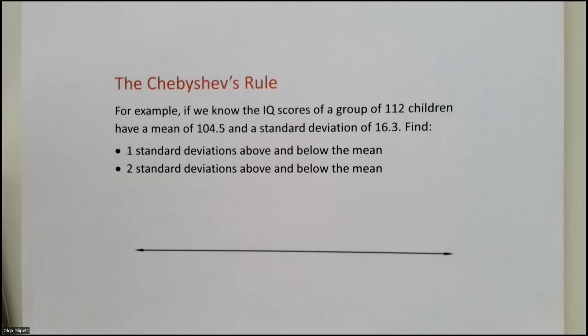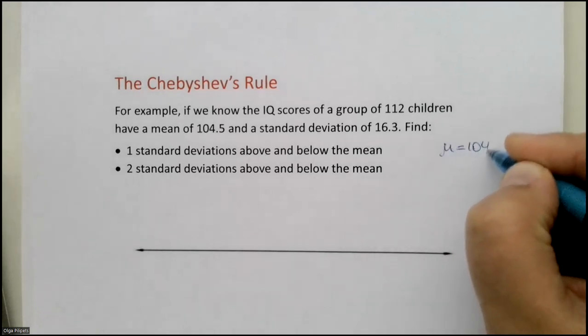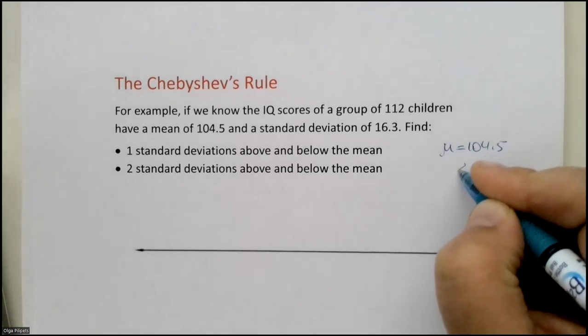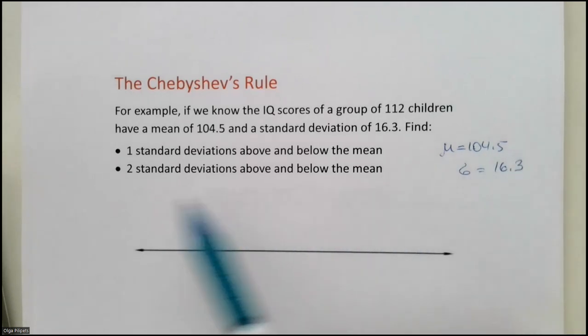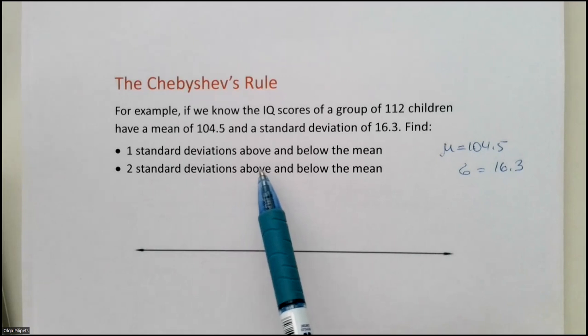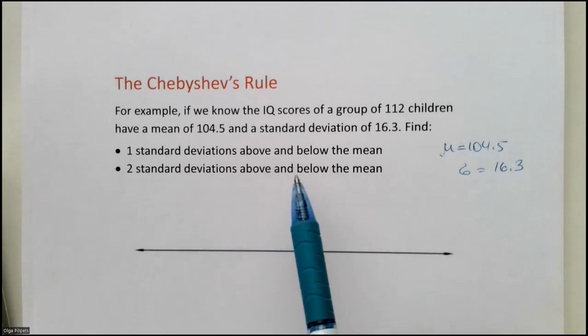Let's take a look at this example. It reads, if we know the IQ scores of a group of 112 children have a mean of 104.5, so the mean of our distribution is 104.5, and a standard deviation of 16.3, find one standard deviation above and below the mean and two standard deviations above and below the mean.